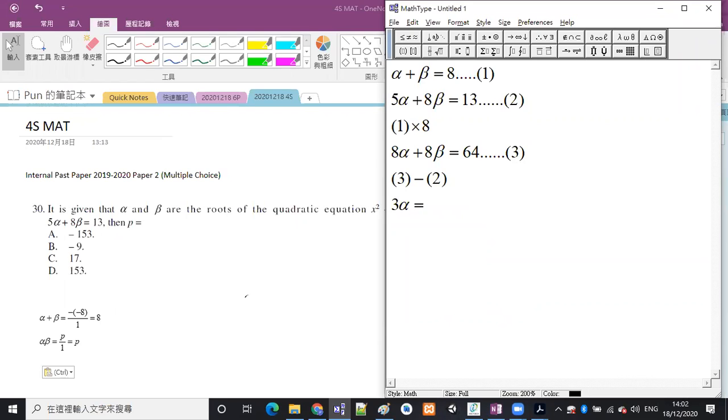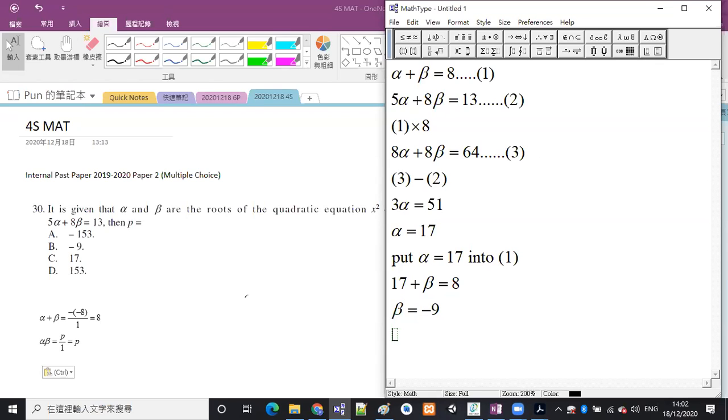And then for the right-hand side of the equation, we have 51, which means that alpha is equal to 17. Okay, and then you just put alpha equals 17 into equation 1. Okay, so 17 plus beta is equal to 8, which means that beta is equal to -9.